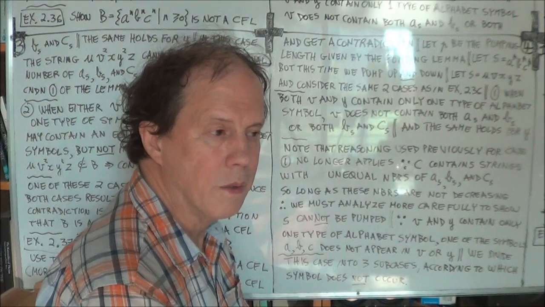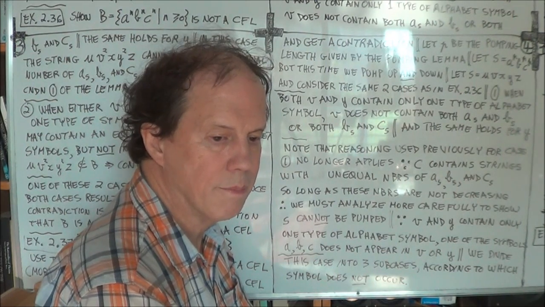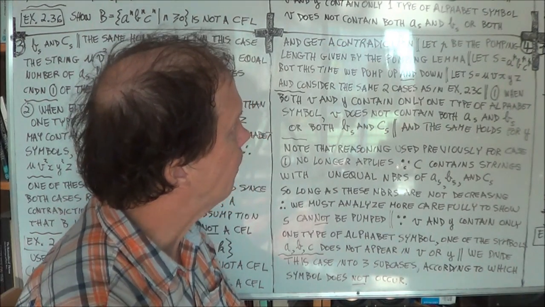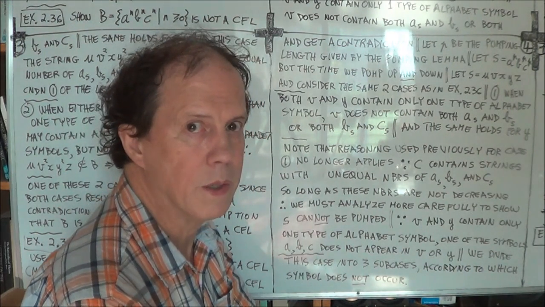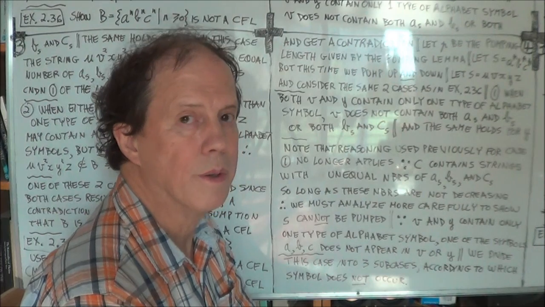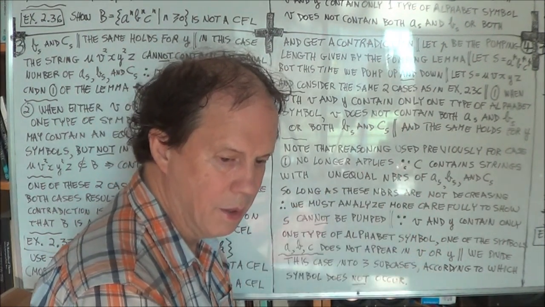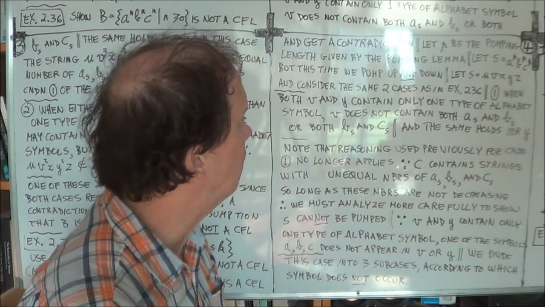So you can split it into 5 substrings, U, V, X, Y, Z, and we can pump it such that the pumped string belongs to the language also, and satisfies all 3 conditions of the pumping lemma.